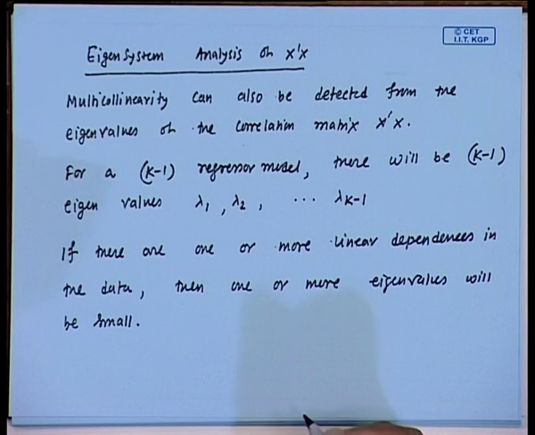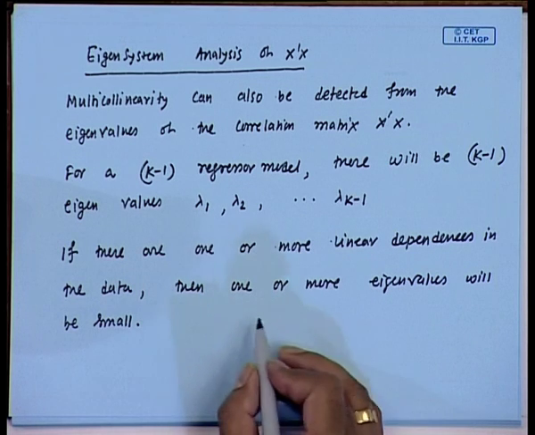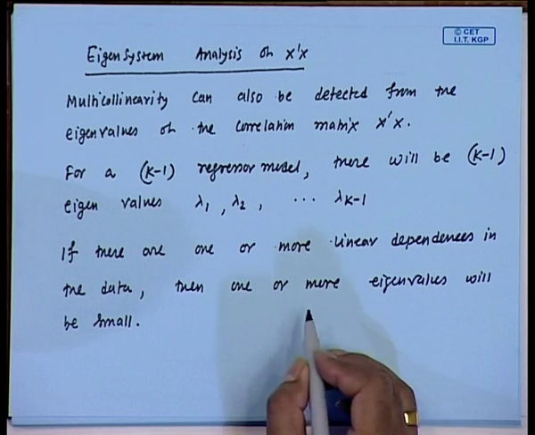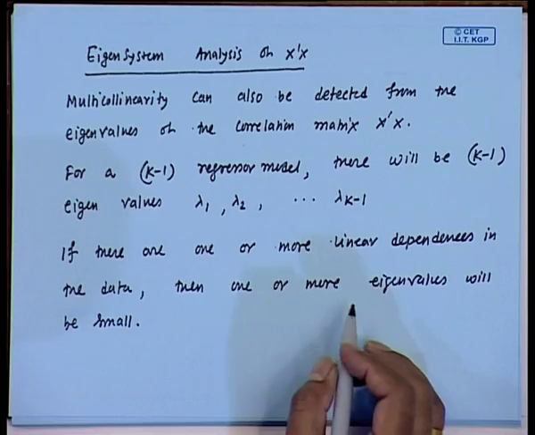Okay. Basically, small eigenvalues imply that there is linear dependence between the columns of X. Okay.